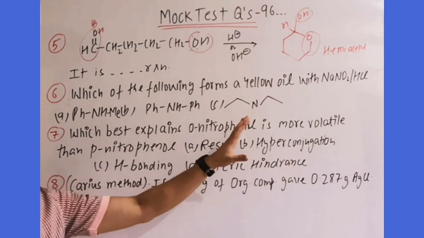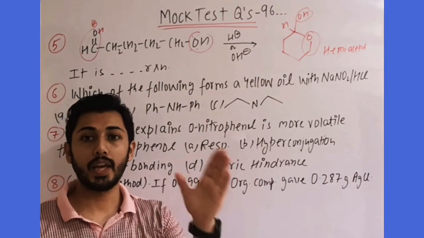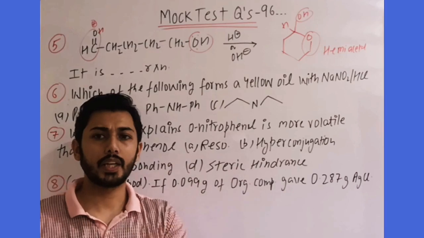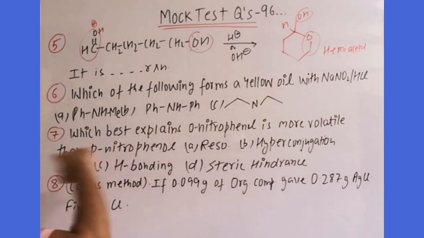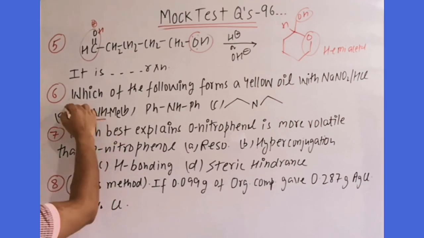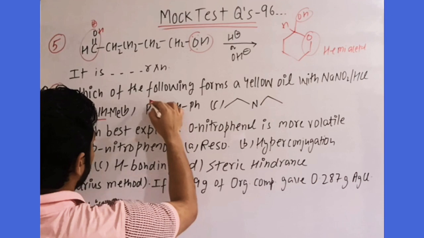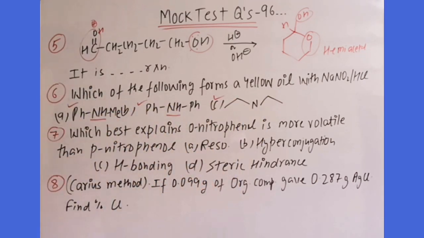So secondary amines give a yellow oily substance, which is due to the formation of N-nitrosamine. You can see that reaction, so I am not writing any reaction. Directly using the information, yellow oily substance is due to secondary amine. So first is a secondary amine, yes, Ph, NH, methyl. Second one also a secondary amine, third one also a secondary amine. It means all three are correct, A, B and C.